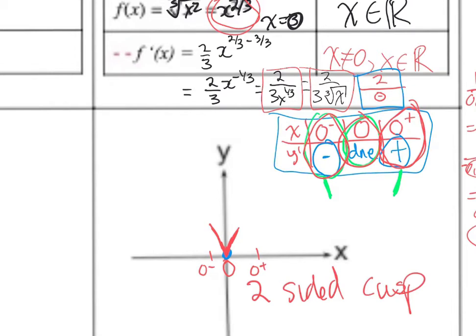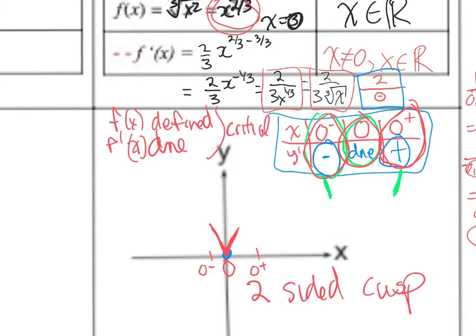When that happens, if f of x is defined and f prime of x is DNE, or undefined, we have a critical value that might be a vertical tangent, a tangent where the curve is vertical, because the slope is infinite, right?